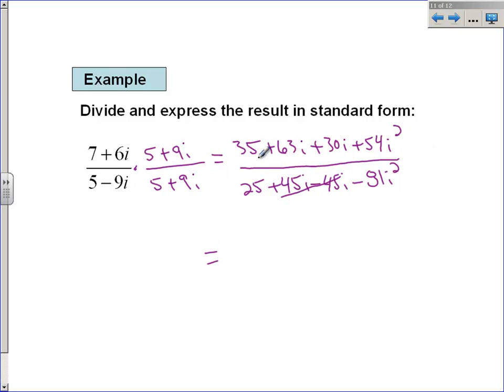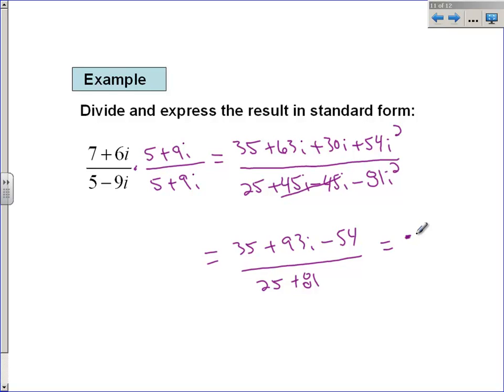Let's simplify this. So 54i squared becomes negative 54, so I'll have 35 plus 93i minus 54, and on the bottom I'm going to have 25 plus 81. That i squared became a negative 1. Okay, so 35 minus 54, what is that?